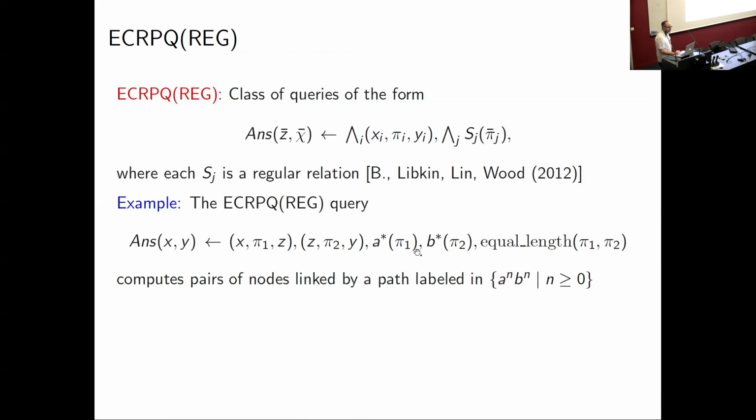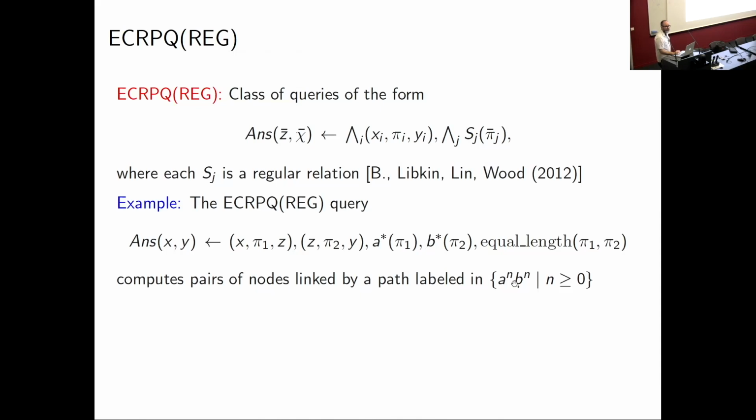The path pi 1 is completely labeled in A star. The path pi 2 is completely labeled in B star, and yet the lengths of these two paths are equal. So what am I outputting with this? They are comparing pairs of nodes linked by a path labeled in A to the n, B to the n.